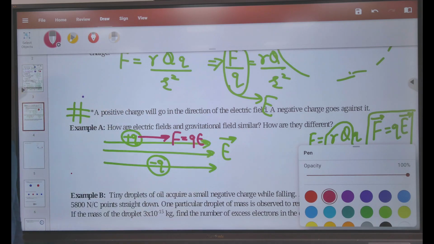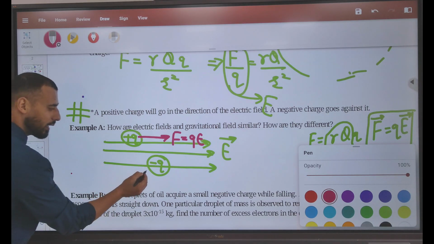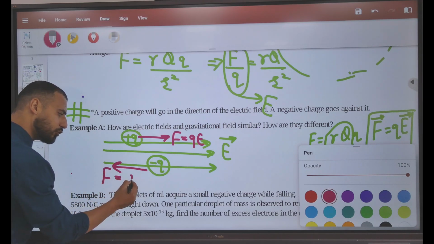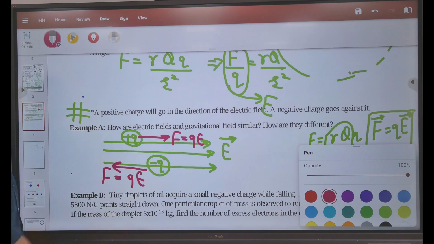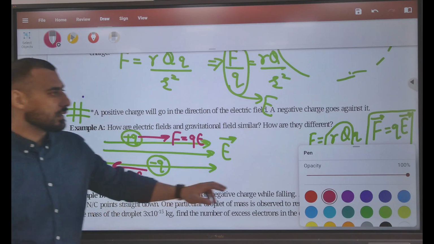Is that fine? But what will happen to negative q? It will be against the electric field. So the force will again be Q into E, but the direction is against the electric field. Is it clear? This is the point. Draw this diagram so that the point gets clear.